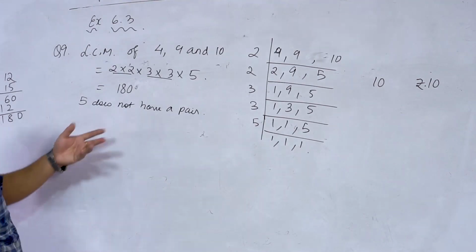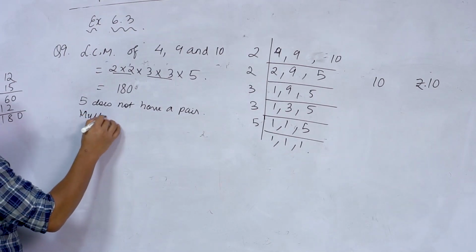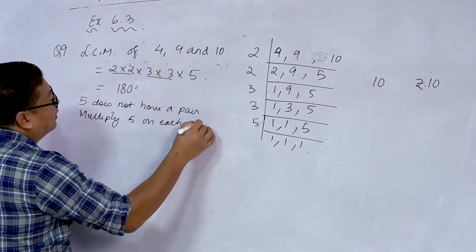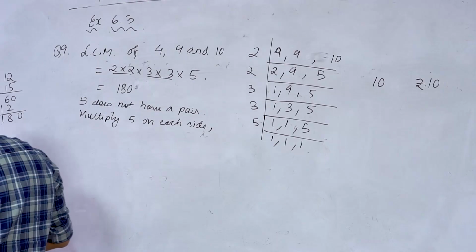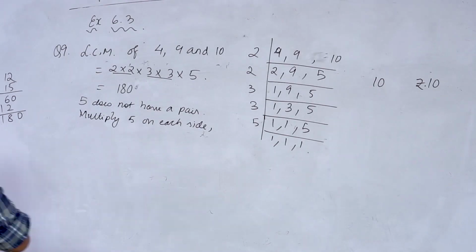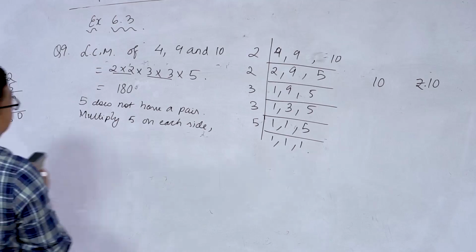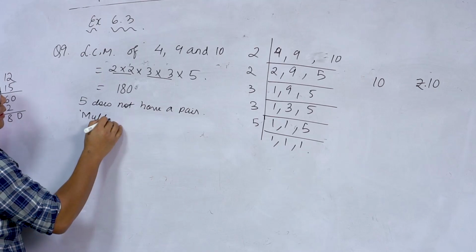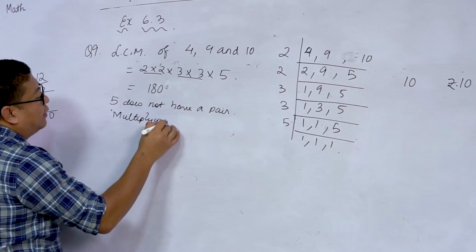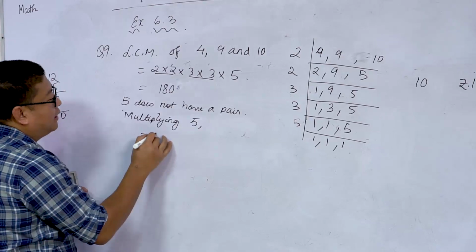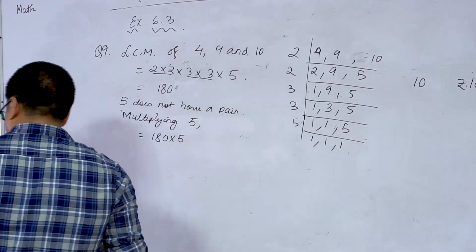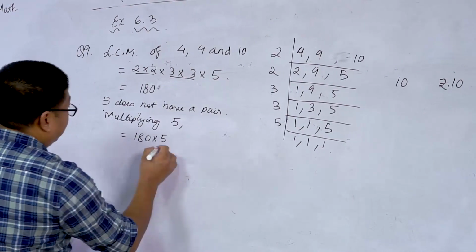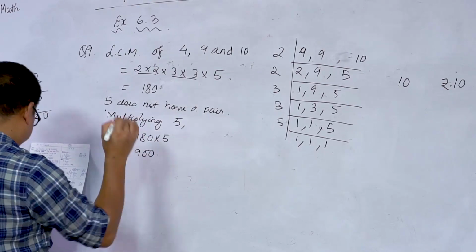So to make it a perfect square, we have to multiply by 5. Multiplying 180 into 5, we're getting 900.